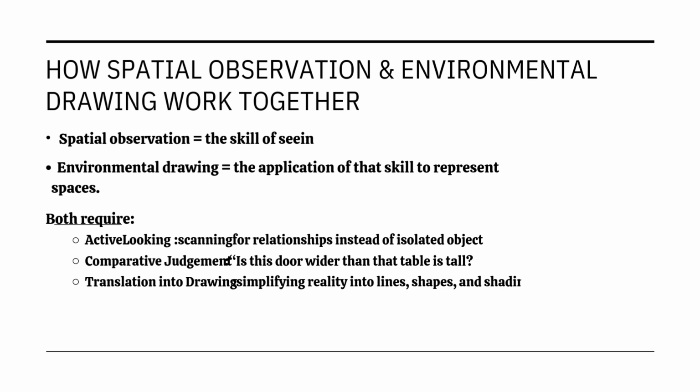These both require us to actively look and scan relationships instead of isolating the objects. We need to use comparative judgment. Is the door wider than the table, or is the table taller? We also need translation in drawings to simplify reality into lines, shapes, and shading in order to create the scene we are trying to display.